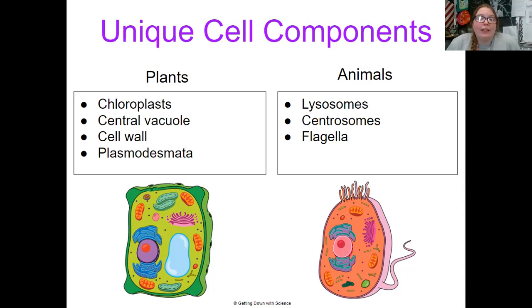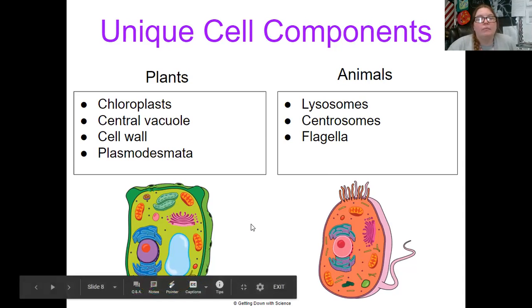That is referring to the big water balloon that you see in the plant cell down there. They have a cell wall, and they have plasmodesmata, which basically means they're little portholes in the cell wall, because we want to be able to get things in or out. Animal cells have lysosomes. Plants don't have those. They have centrosomes and they have flagella. Flagella are the whip-like tails.